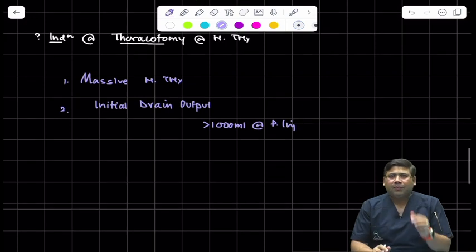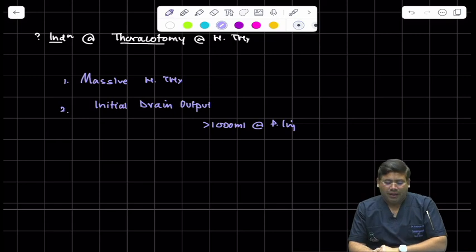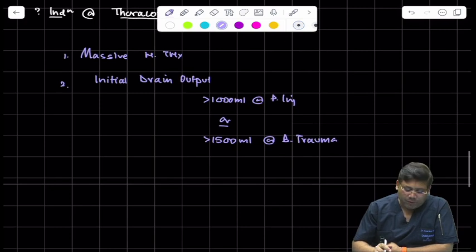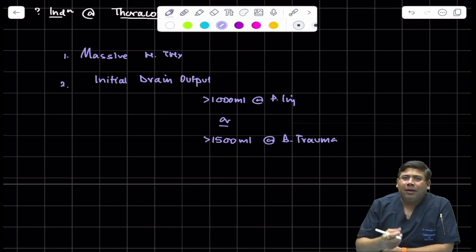Definitely if it is penetrating injury, it is more neat and clean, and more than 1000 ml means something vital is bleeding, or more than 1500 ml in case of what trauma, students? Blunt trauma. This is obviously qualifying for massive hemothorax. So suppose you miscalculated or you did not know, you inserted a chest drain and 1600 ml came out.